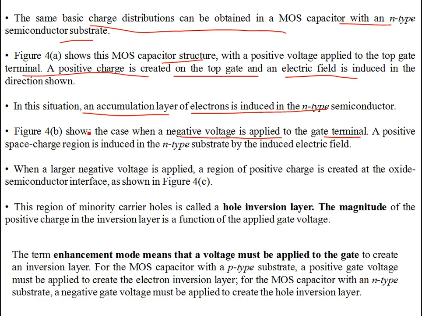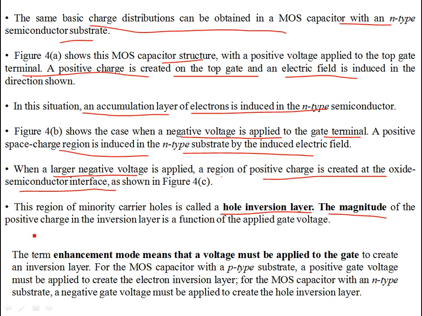You'll see. So a positive space charge region is now induced in the N-type substrate by the induced electric field. When a large negative voltage is applied, a region of positive charge is created in the semiconductor at the oxide-semiconductor interface. This region of minority carrier holes is called the hole inversion layer. The magnitude of the positive charge in the inversion layer is a function of the applied gate voltage.